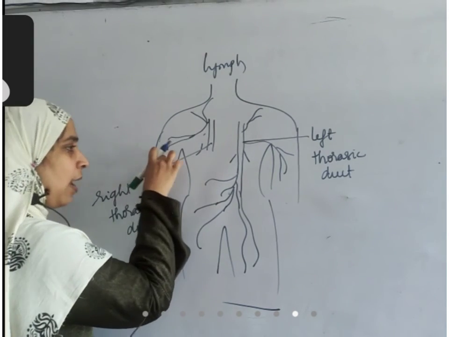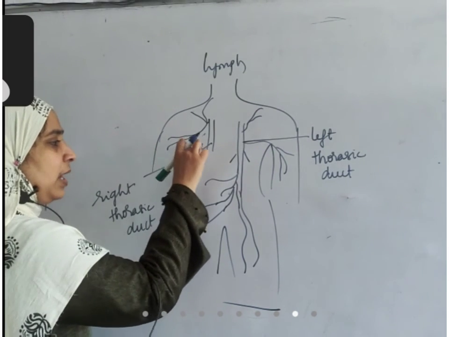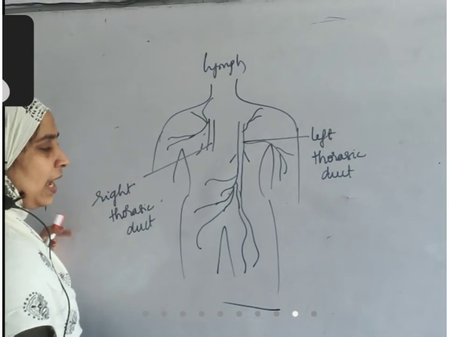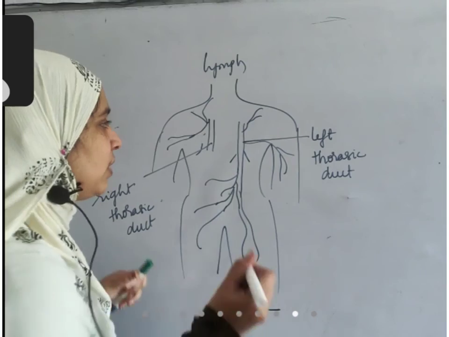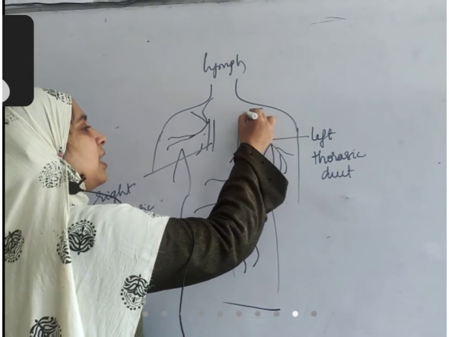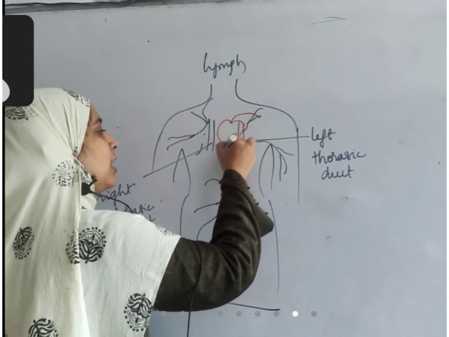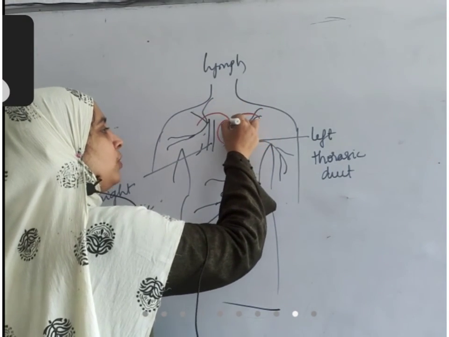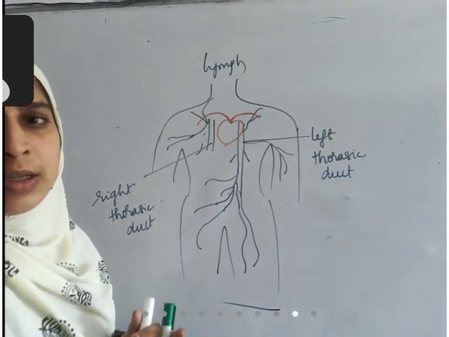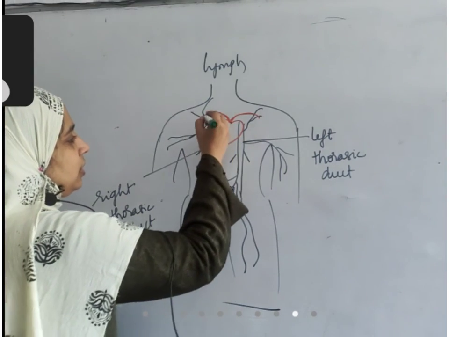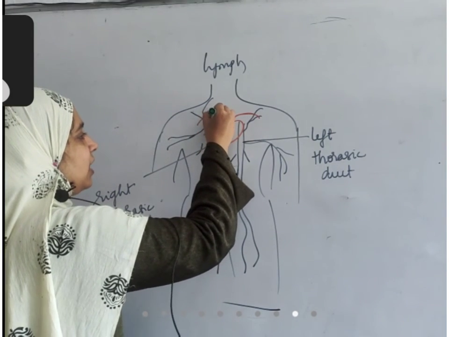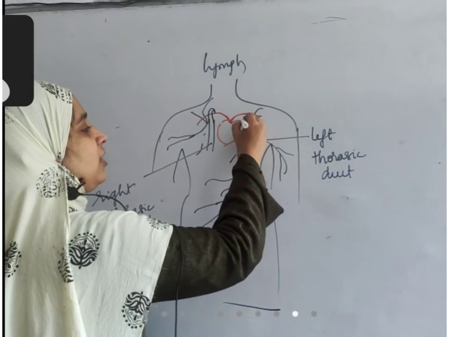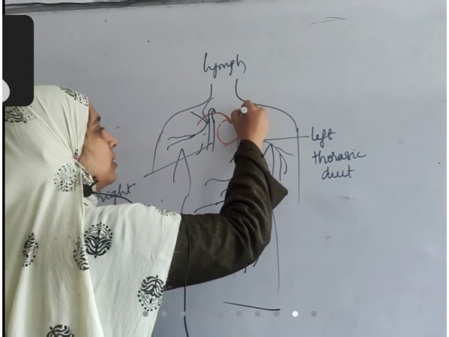Only from the right arm, right chest, and right neck will the right thoracic duct carry. And we have a blood vessel here that is running and connects to our heart. Both of them will form the superior vena cava. This lymph will directly drain into this blood vessel.